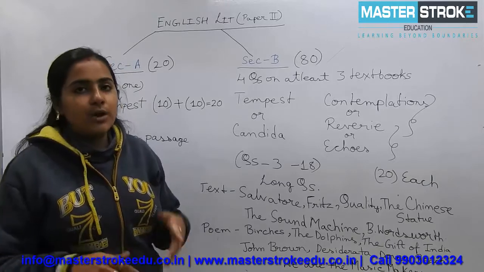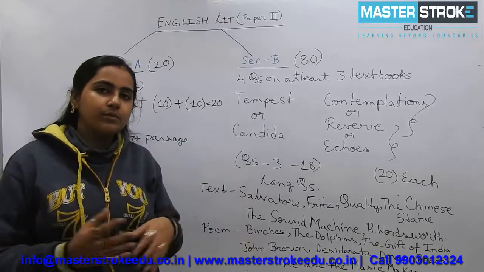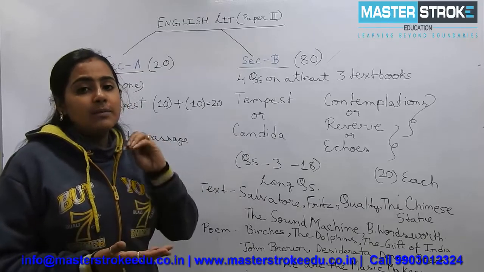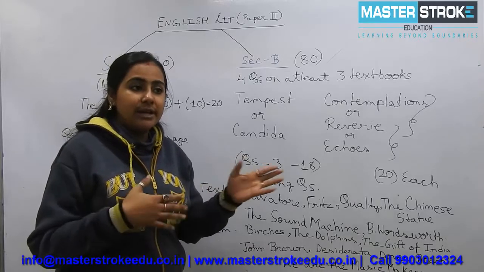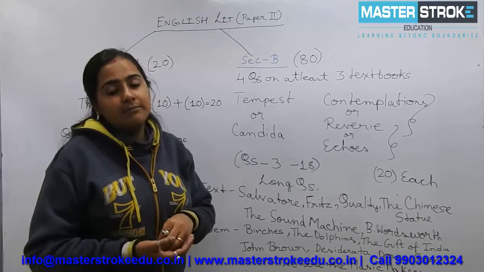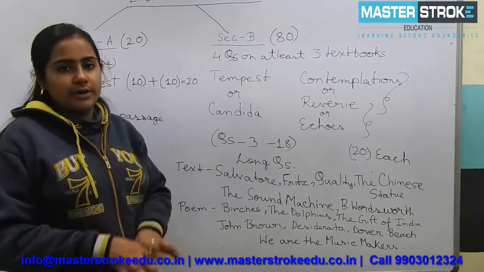If you write for one particular book, you give it more time, and for another one you have a shortage of time. That is a very big problem with students. So please maintain parity across all the texts, because you have to attempt a 100-marks paper. Always stay focused that you have to attempt everything.